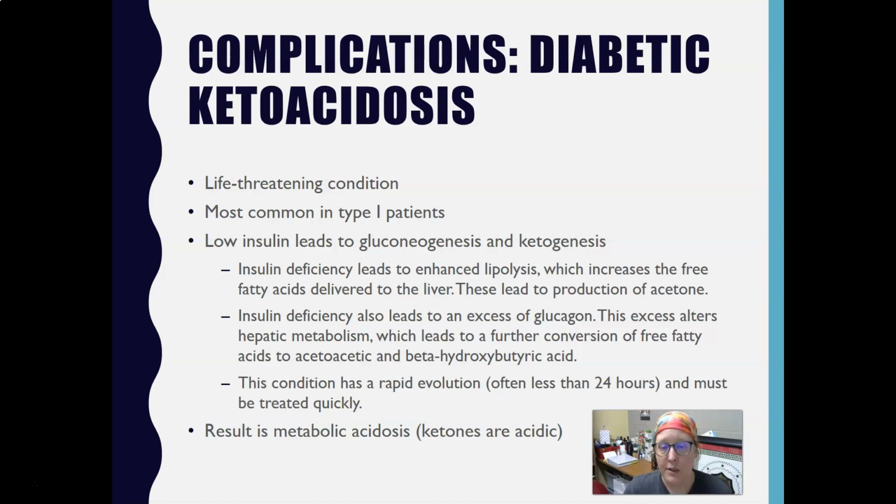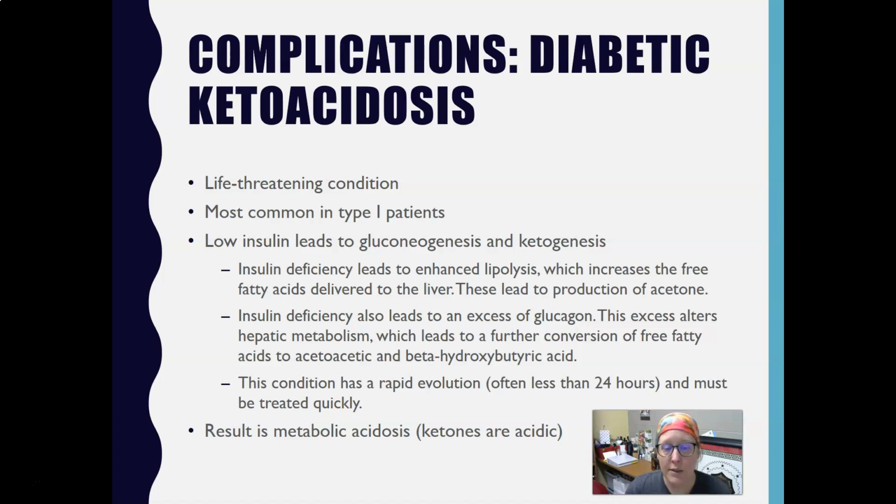Insulin deficiency also leads to excessive glucagon because cells are starving, and then it's going to make more sugar, and it's going to release more free fatty acids, acetoacetic acid, and beta-hydroxybutyric acid from the breakdown of those free fatty acids. Those are the ketone bodies we're talking about.